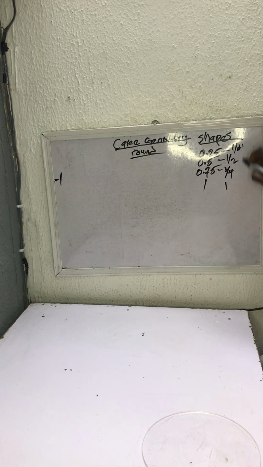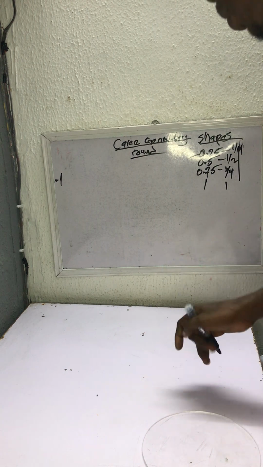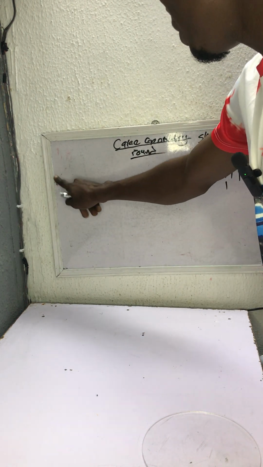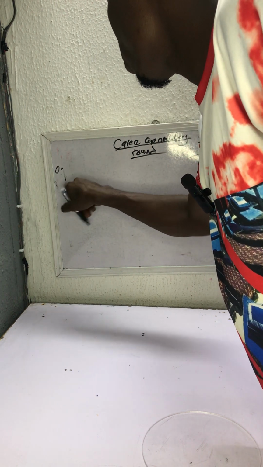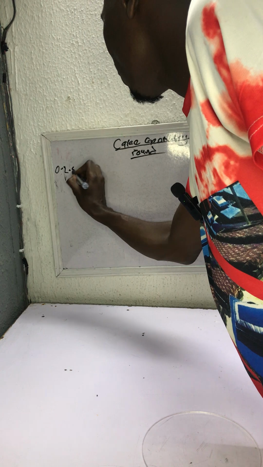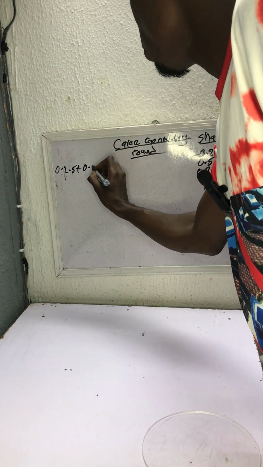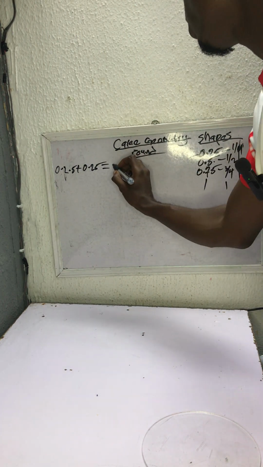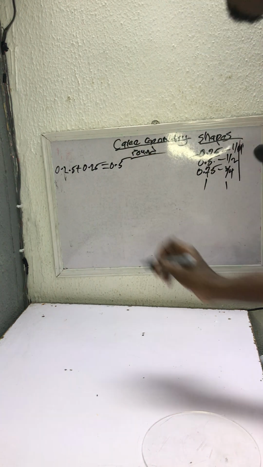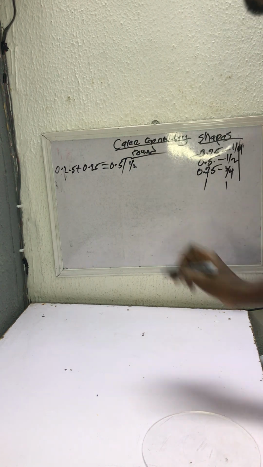I believe you should understand this very well, according to my explanation. So now let's pick this guy. 0.25 plus 0.25 is going to be 0.5, which is half.